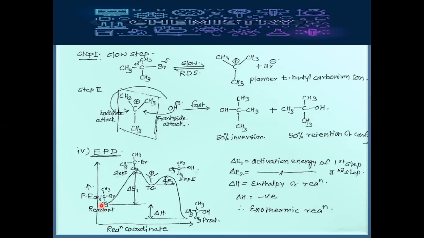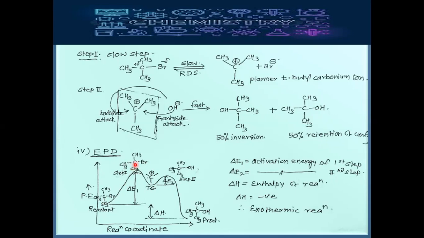what is the first step? Dissociation of the C-Br bond. So slow dissociation is going on. Here the C-Br bond does not break completely; the process of breaking of the C-Br bond is going on. So it has maximum energy content. It is an unstable state.